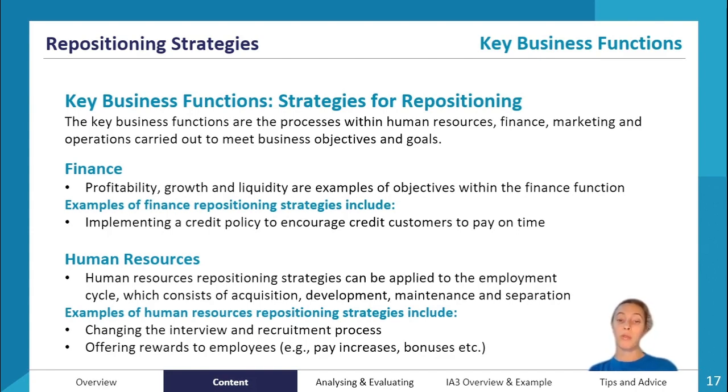So some human resources repositioning strategies could be changing the interview and recruitment process. So maybe there are ways that can be streamlined or improved in some way. I know in recent years we've had companies like Woolworths using artificial intelligence to do the recruitment process now.